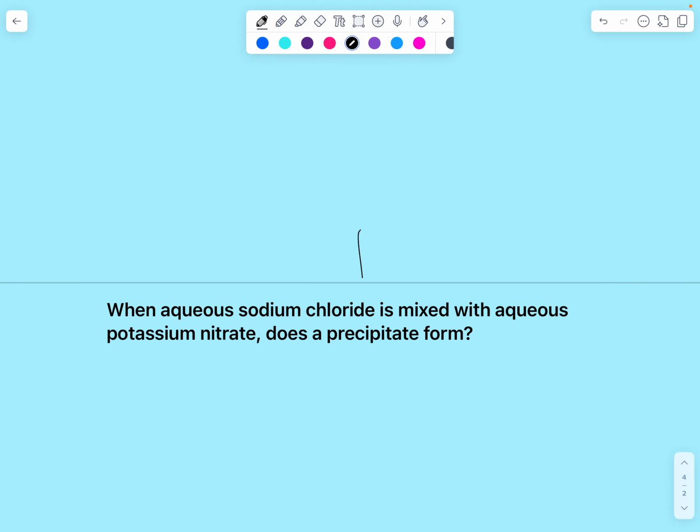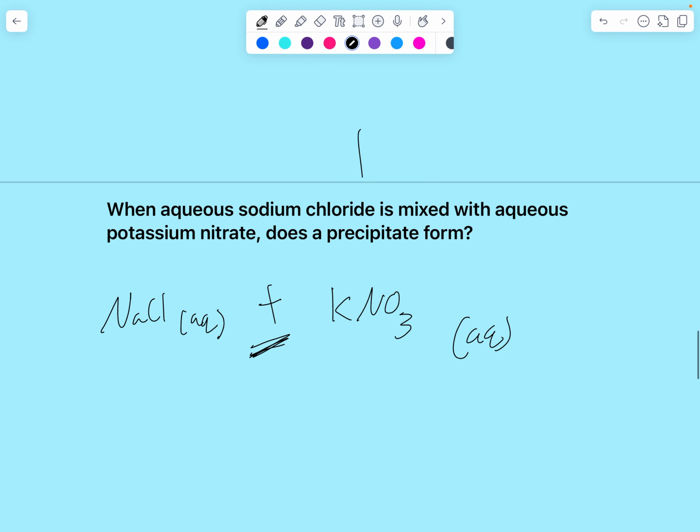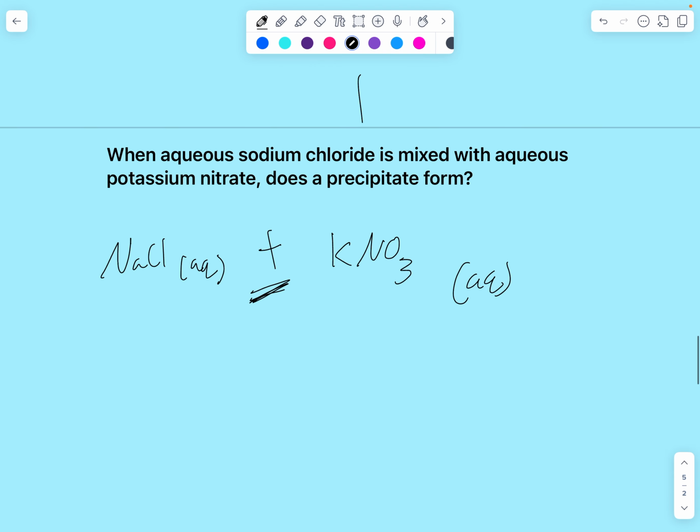When aqueous sodium chloride is mixed with aqueous potassium nitrate, let's break that down. Sodium chloride, it's aqueous, is mixed. That means you are mixed with something, the plus sign. Potassium nitrate is aqueous. Does a precipitate form? Step 2 is to write out the ions.